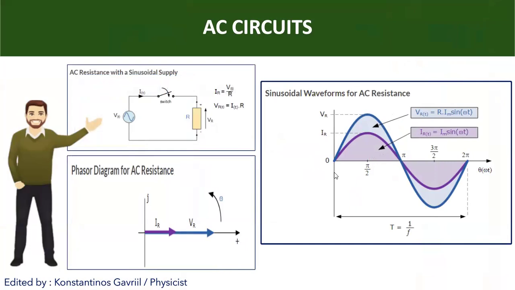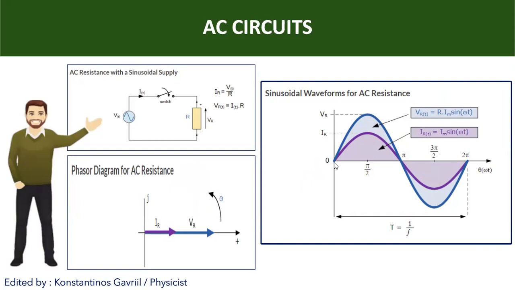As we can see here, the waveforms for the current and for the voltage are sinusoidal on the right side. We realize that when the voltage gets the maximum value, the current gets the maximum value too.